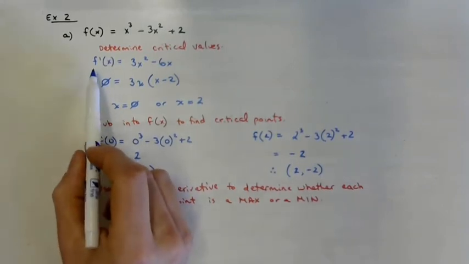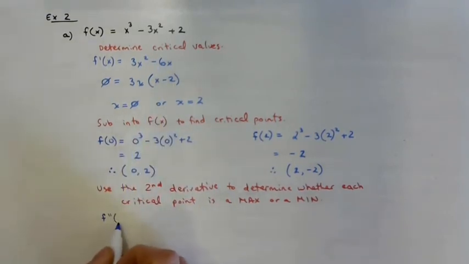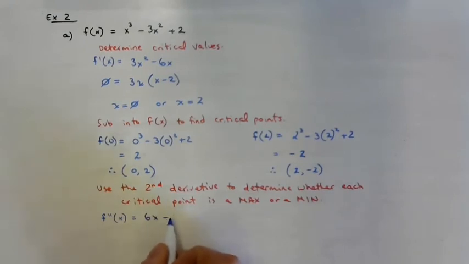So here's my first derivative. F prime of x is 3x squared minus 6x. So my second derivative is 6x minus 6.